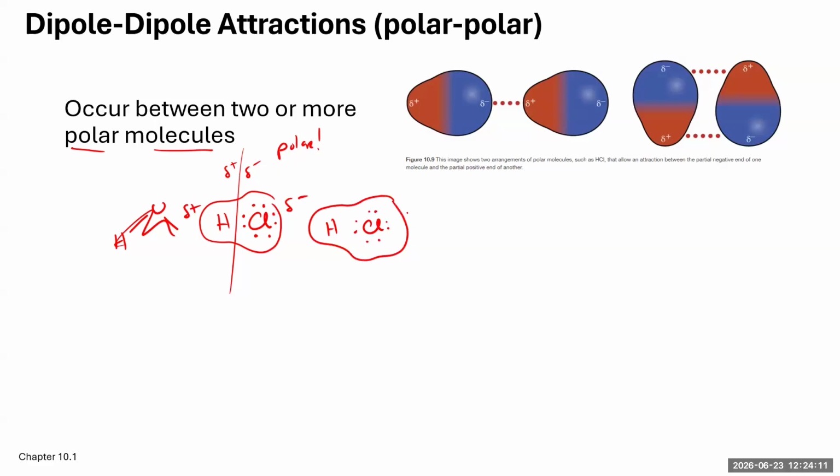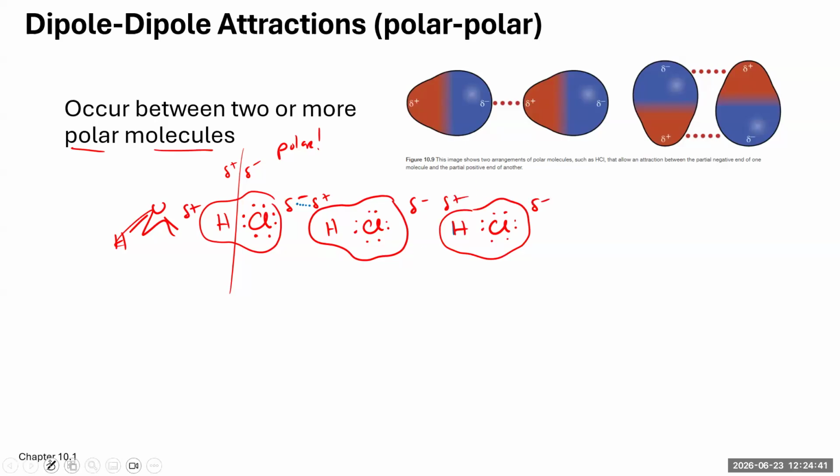This is still partially negative. This side's partially positive. So these will interact. Let me just draw a different color. Those are going to interact. And if there's another one there, let's get a red pen. HCl, right? It can chain and it can do different things, and it could be this long, complicated mass of molecules.